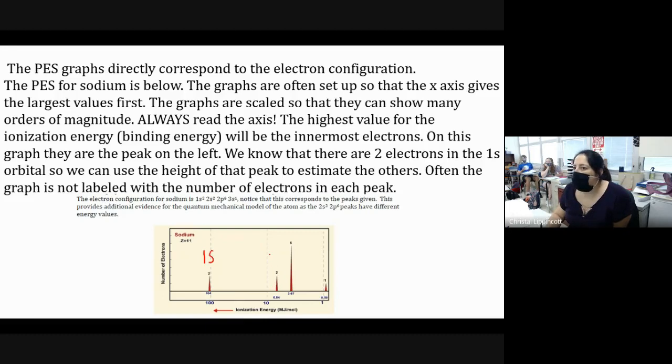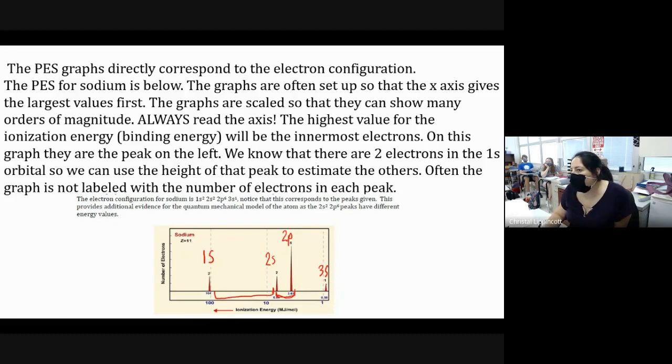Then here, this is your 2s electrons. This is your 2p. And then we follow that up with 3s. And you can see here that the distance between these is growing. These guys are in the same level, so they're going to be kind of tighter together. And then we have a jump in distance again because it takes less energy to pull these away.